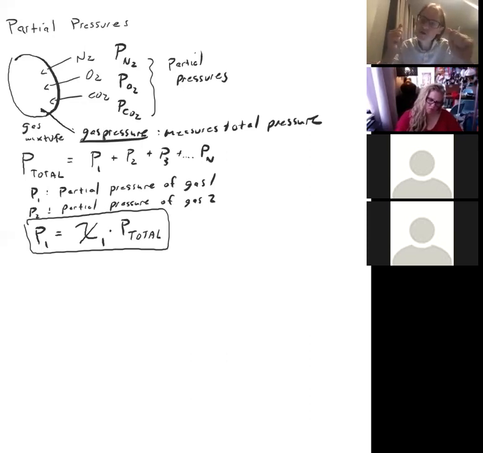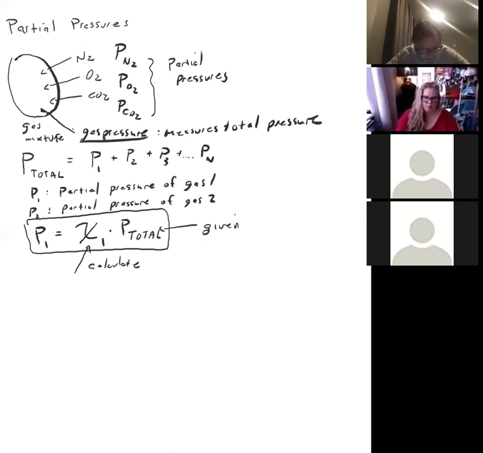So typically the total pressure is given, and then we can calculate the mole fraction, and that allows us to calculate the partial pressure. We've learned how to calculate the mole fraction. So that's typically how it works. You're given the total pressure, you figure out what the mole fraction is, and then you find the partial pressure of the gas from those numbers.